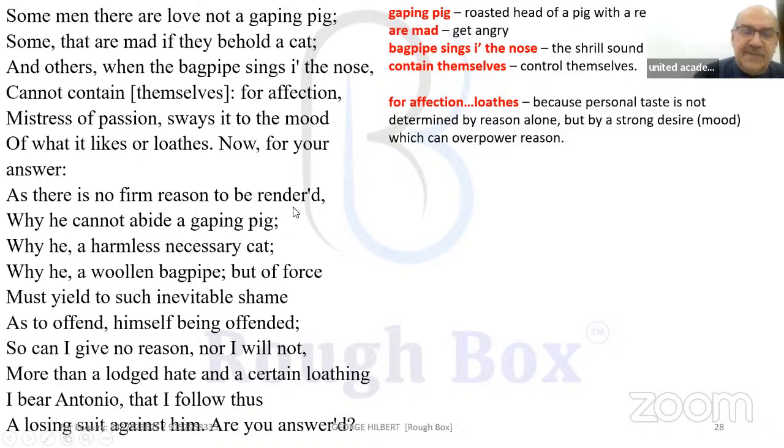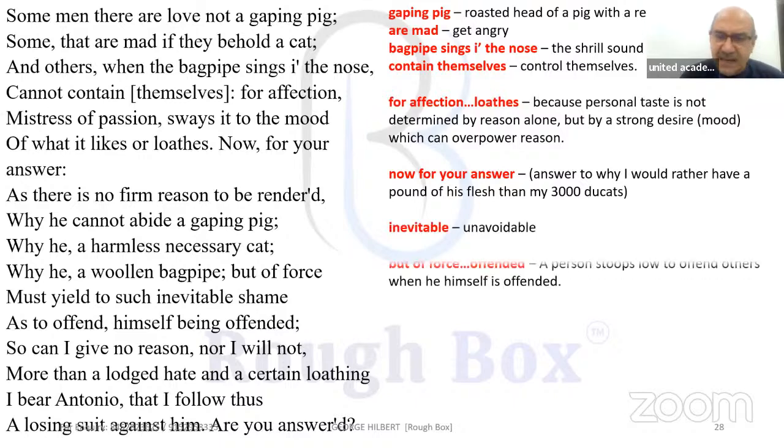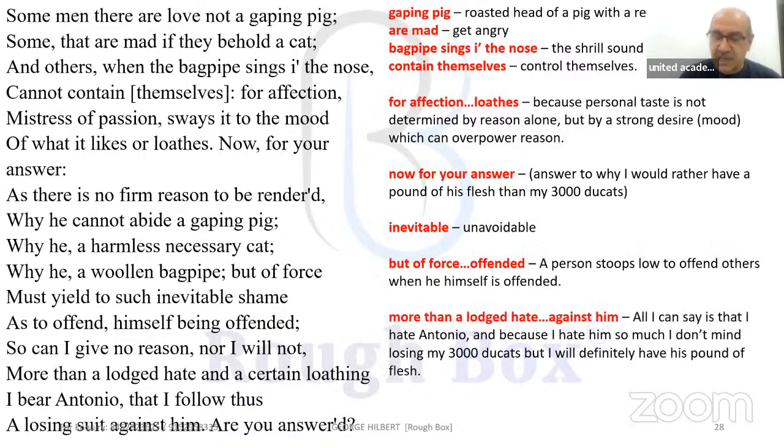As there is no firm reason to be rendered, to be given, as to why he cannot abide a gaping pig, as to why somebody cannot tolerate the sight of a gaping pig, why he, a harmless, necessary cat, why a person cannot tolerate a harmless cat, and why he, a woolen bagpipe, and why certain people cannot tolerate the bagpipe, but of force must yield to such inevitable shame as to offend others when he himself is offended.